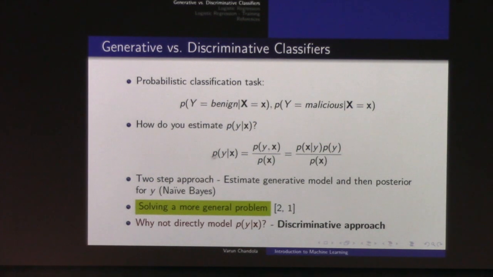Okay. So essentially what we do here, if you remember in naive Bayes, is that we compute this, right? This is the class conditional probability, and then we multiply it with our priors and the marginalized value here. So it's a two-step process. We estimate the generative model, and then we compute the posterior for Y, right?